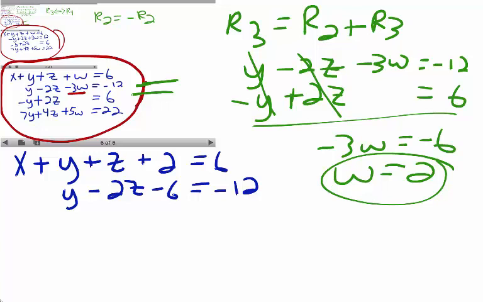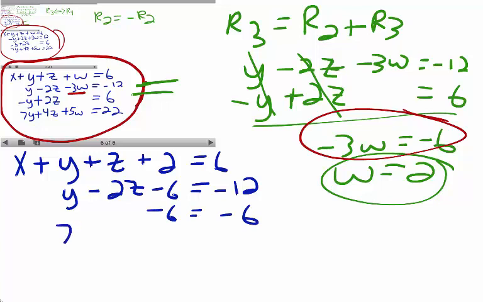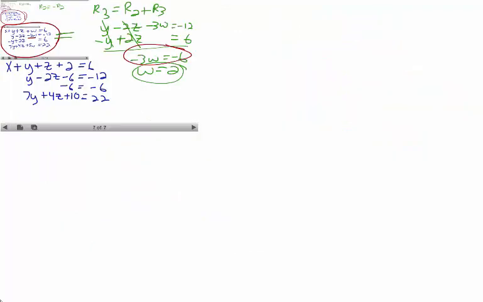Then since we added row 2 and row 3 and got negative 3w equals negative 6, we know that w equals 2, so negative 3 times w gives us negative 6 equals negative 6, which is a true statement. And for our last row, row 4, we have 7y plus 4z plus 5 times 2, which is 10, equals 22. So here's our most recent iteration of our system of equations.